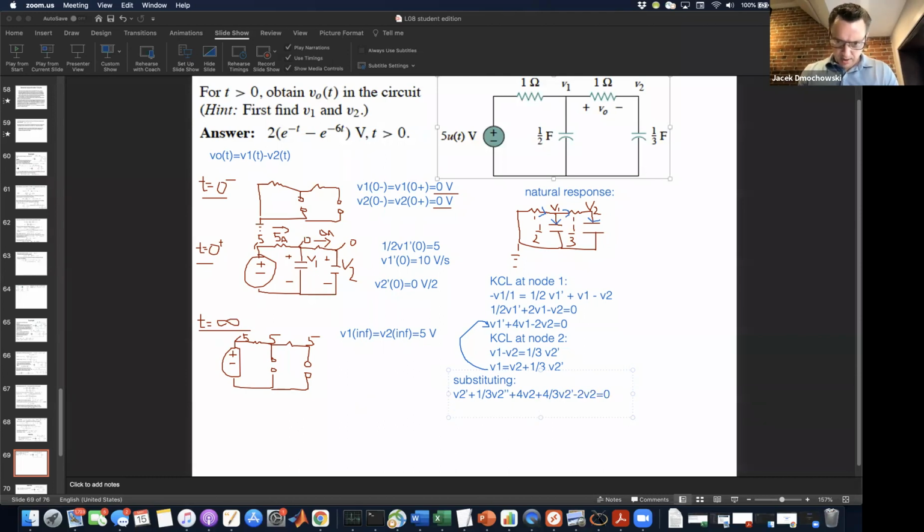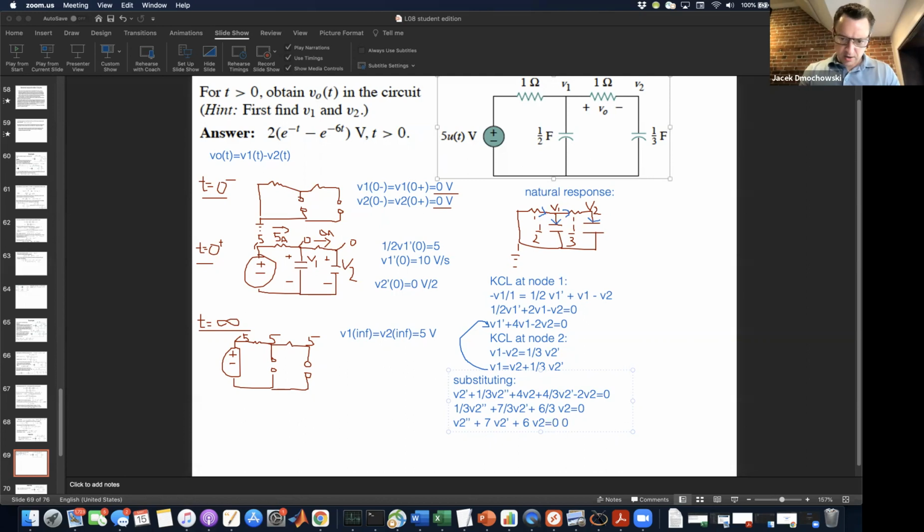And again, collecting like terms, we get 1/3 V2 double prime plus 7/3 V2 prime, and I'm going to write 2 as 6 over 3. That way we have V2 double prime plus 7 V2 prime plus 6 V2 is equal to 0.